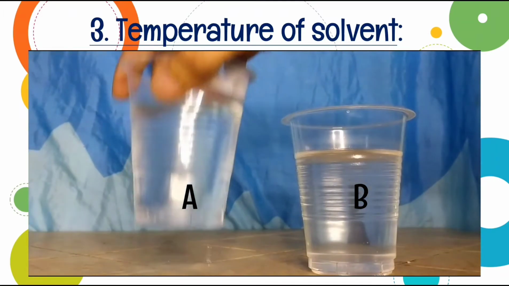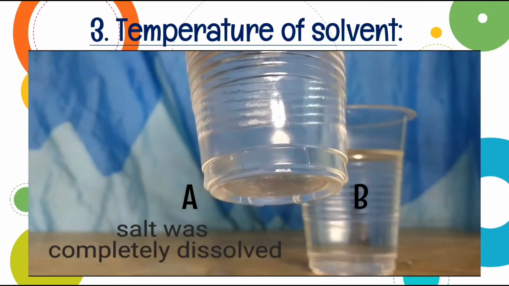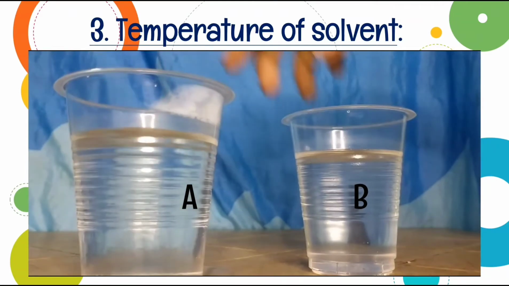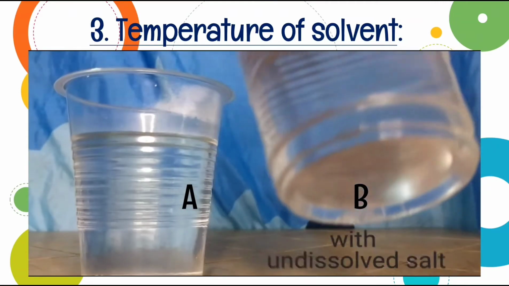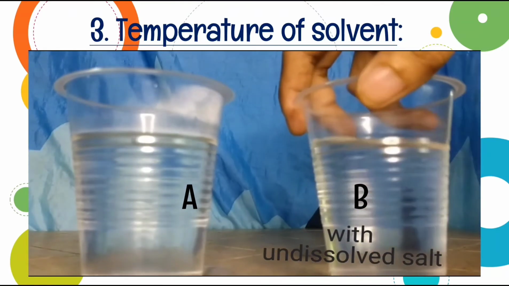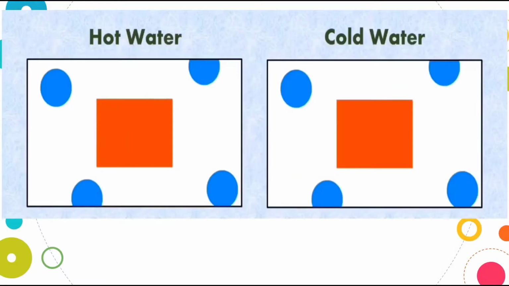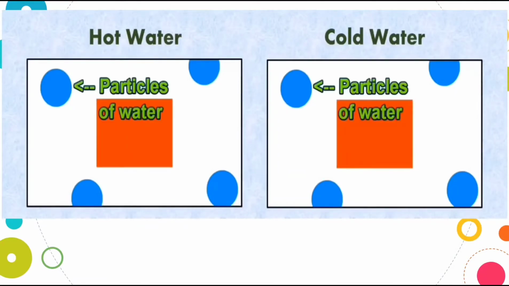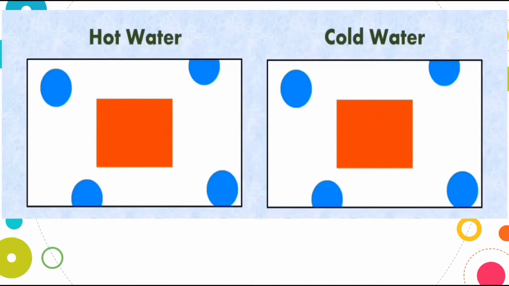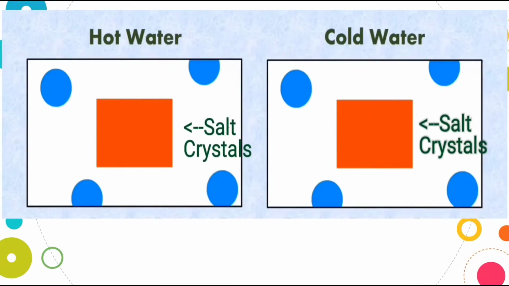As you can see, the salt in hot water dissolves faster than the salt in cold water. Let's study why it happened. In this illustration, the blue circle represents the water particles, and the red square represents the salt crystal.